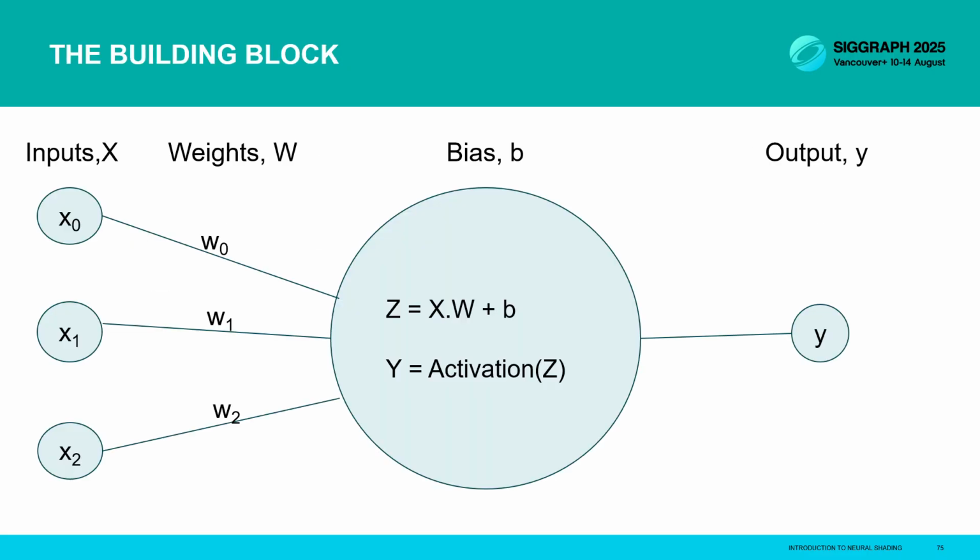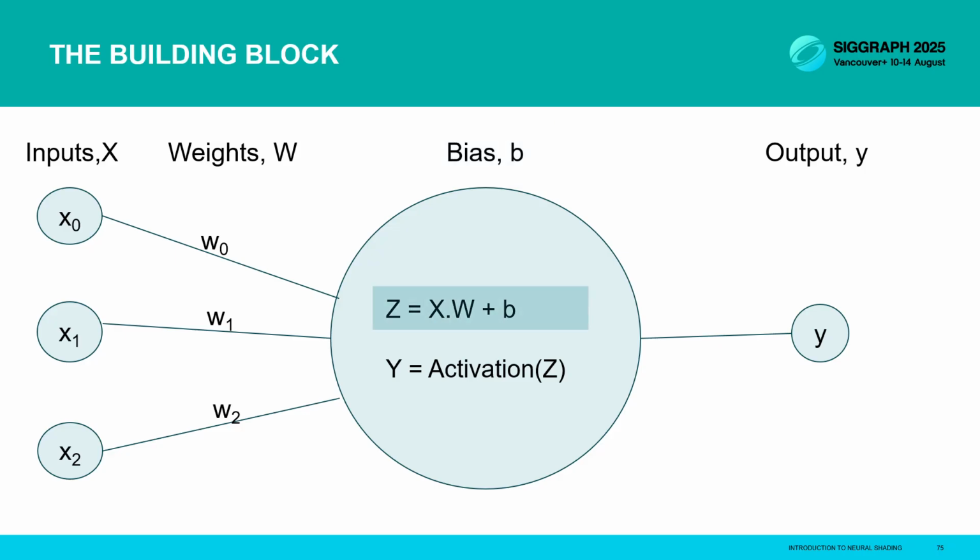So we'll start with the basic building block of any neural network, which is the neuron here. It's a nice and simple construct that's familiar to some, I'm sure. On the left-hand side, we've got the inputs to the neuron, typically denoted the vector x, and a corresponding set of floating point weights denoted w, with one per input. We also have a bias, which is another floating point parameter, with one per neuron.